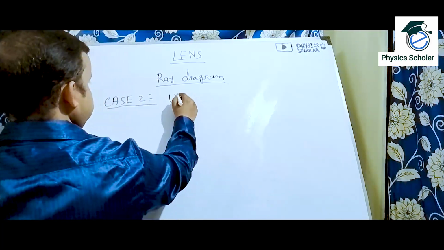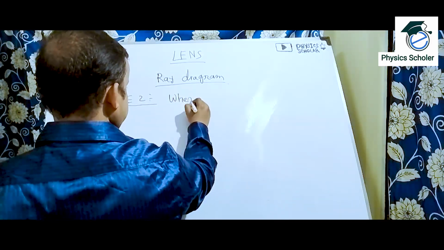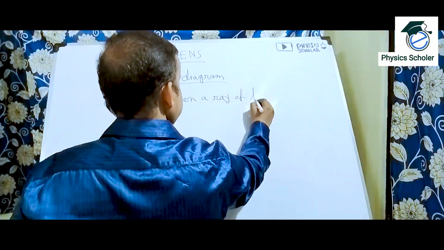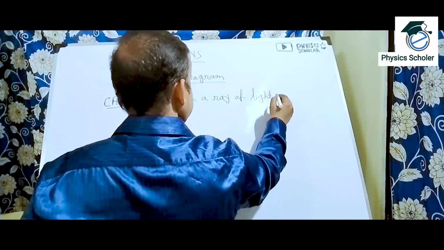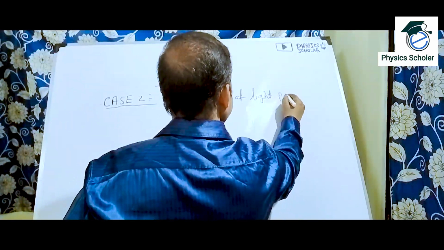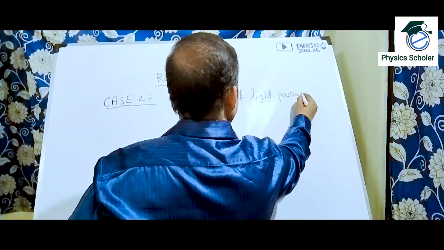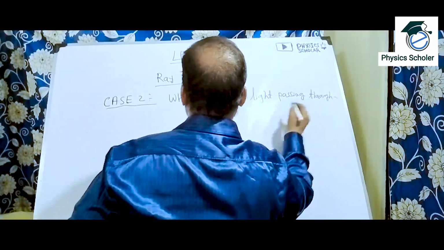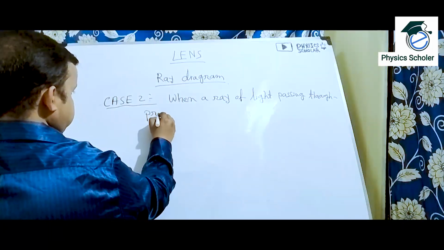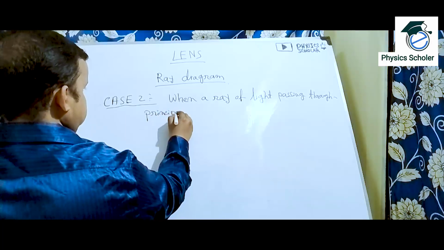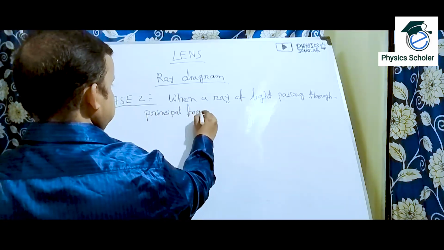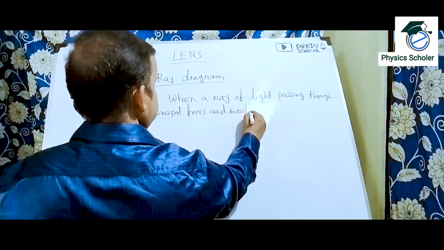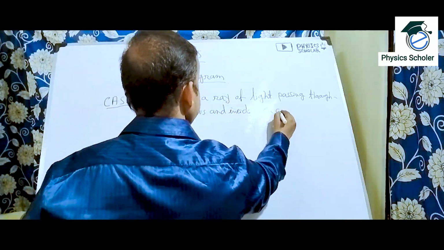Case 2: when a ray of light passing through the principal focus is incident on a lens.